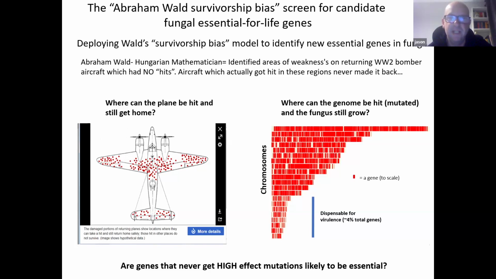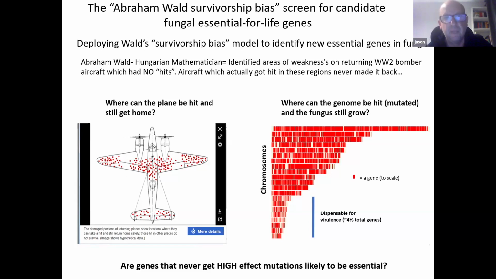The principle being that if a region of the aircraft never had artillery damage, it probably never made it home, so it was of critical function for the aircraft. And basically that led to the Allies reinforcing certain areas of those aircraft to make them more resilient to potential artillery fire.